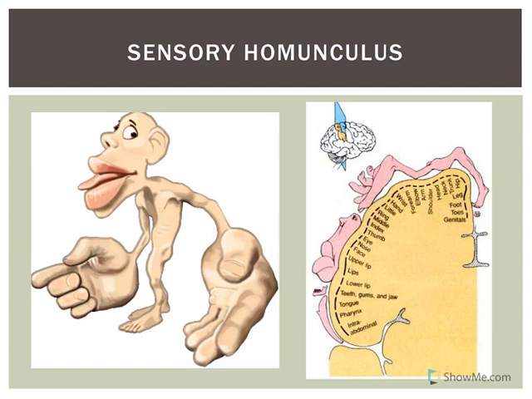Now, the primary somatosensory cortex is actually mapped out, and it's referred to as a homunculus. We have a sensory homunculus and a motor homunculus. We're just going to discuss a sensory homunculus right now. A homunculus is a picture representation of the cerebral cortex, and specifically a sensory homunculus is a pictorial representation of the primary somatosensory cortex.